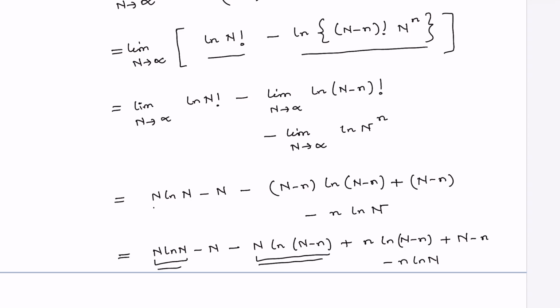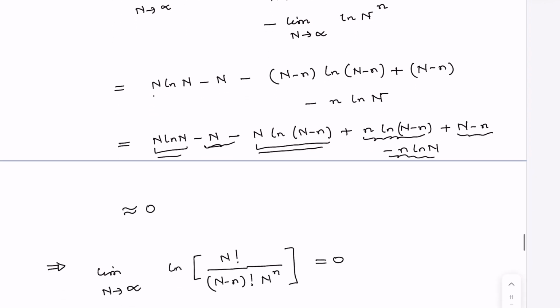Similarly, this term N minus small n we can just consider to be N, then this term and this one get cancelled out. And similarly, this particular term and this particular term we can consider getting cancelled, and therefore nearly it is going to be equal to 0.